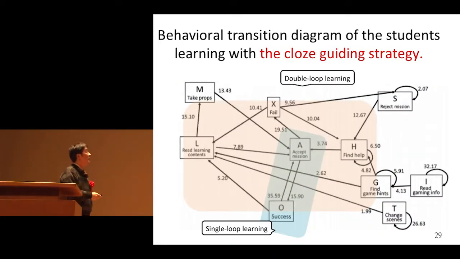And then we analyzed their behavior transition diagram. I skip those tables. This is the group of students who learned with the Krohn's guiding strategy.